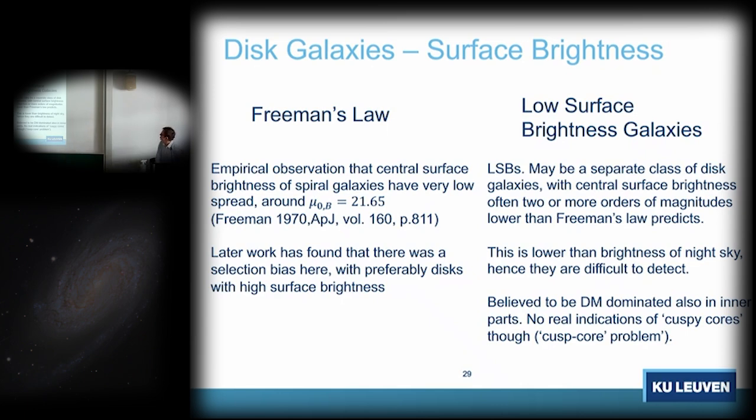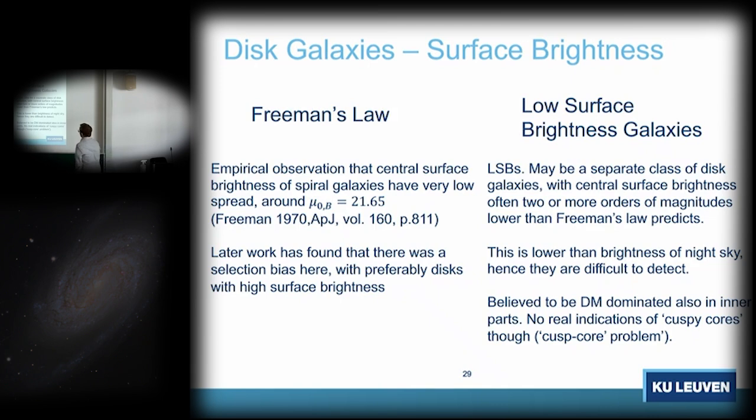Now, I will mention, though, that there is another class which doesn't follow approximately Freeman's law, and they are called low surface brightness galaxies, and that's exactly what it sounds like. They have, for a given luminosity, much lower surface brightness than indicated by Freeman's law, hence the name. And it may be a separate class of galaxies.